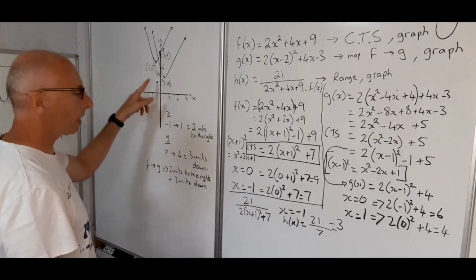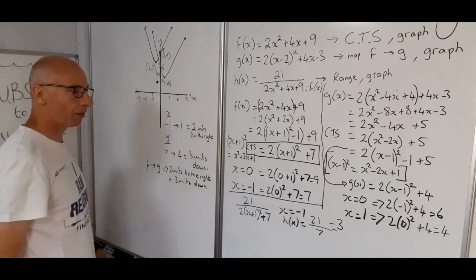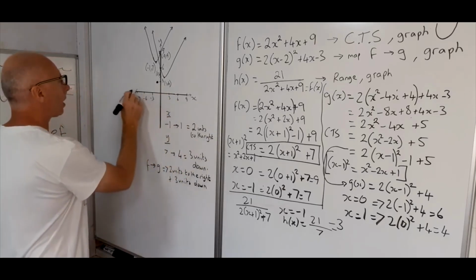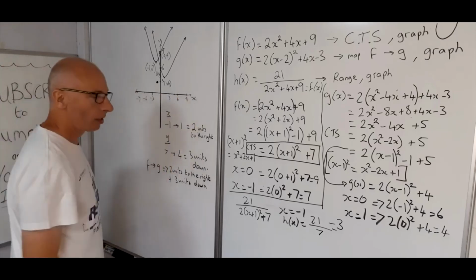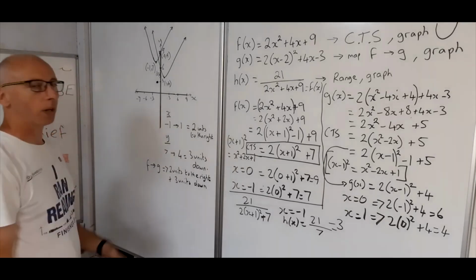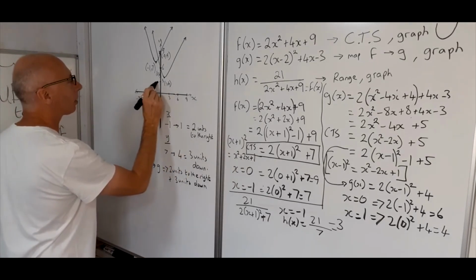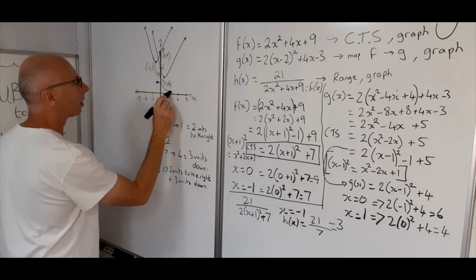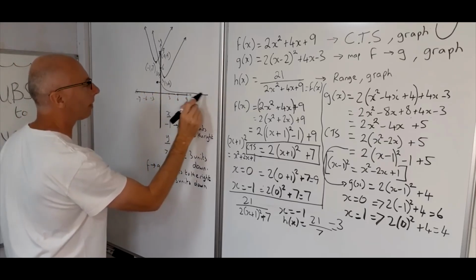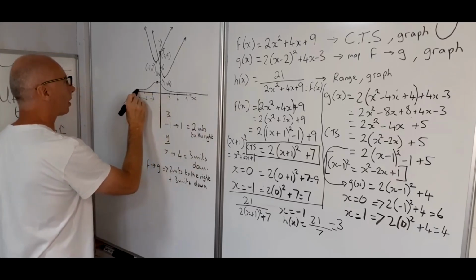So we can graph this in here now. It's going to be at the point (minus 1, 3). We know it never equals 0, so we know that this function here has a maximum at 3. As it's a quadratic in the denominator, it's going to follow this kind of shape. So it's going to be somewhere out there, never touching 0, and it's going to be a mirror image across this side.